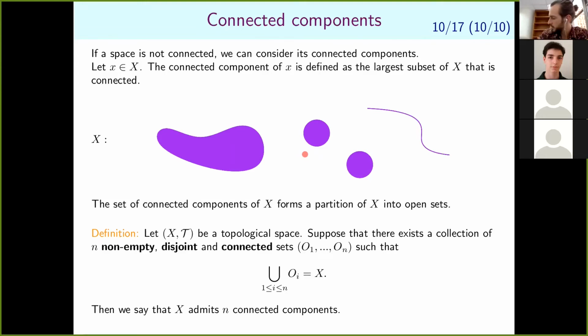Let me give you an example. Here I am in the plane, and I consider a ball that I call X. And then I consider the subspace topology on X. Do you agree that this is an open set?